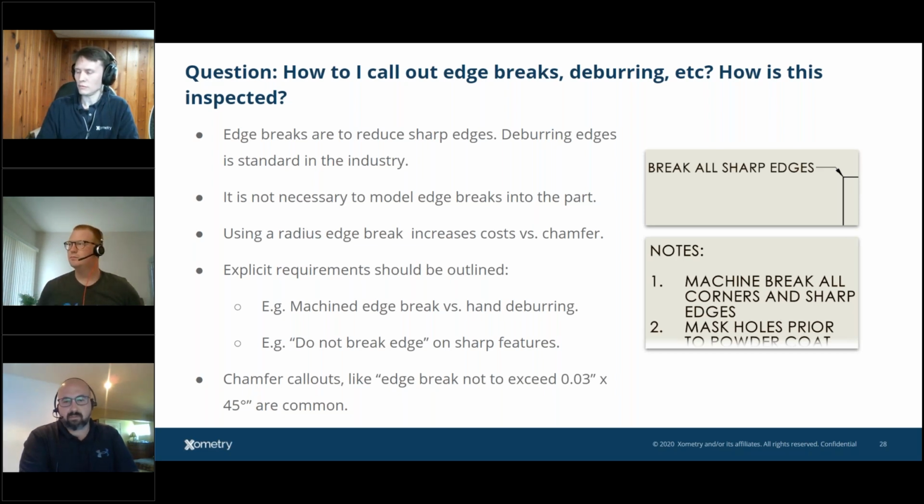And try to put a tolerance on there too if it's really important to your design, because otherwise it can be interpreted by the manufacturer putting them on, whether they do it by hand or machine. So it's good practice to make sure you have a note about edge breaks.